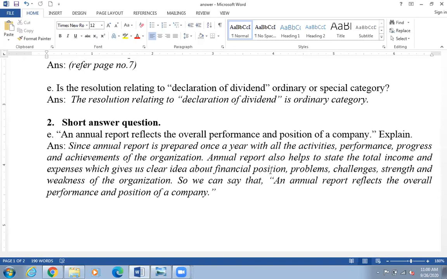We are in the profit. Okay, but if the income is less and the expenditure is more, जति कमाएको छ त्यो भन्दा धेरै खर्च छ भने, is our company in the profit? No, our company is in loss. Okay, so that annual report will say whether our company is in profit or not also. So हाम्रो clear idea पनि दिने काम गर्छ about the financial position.